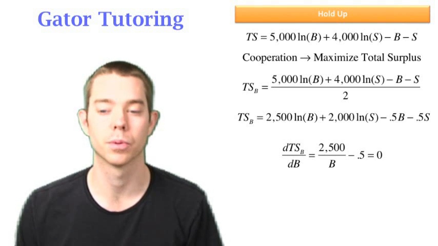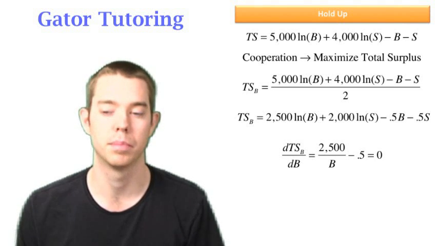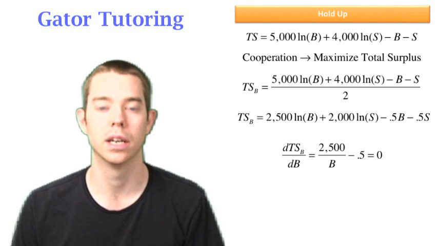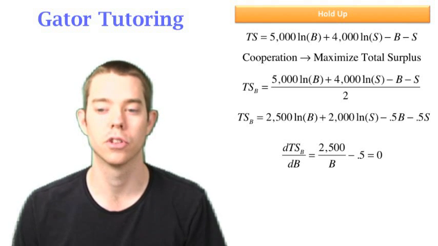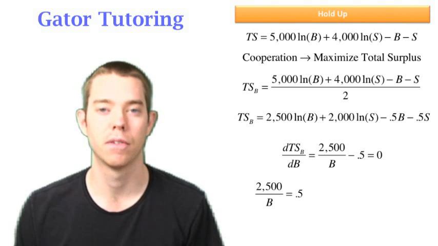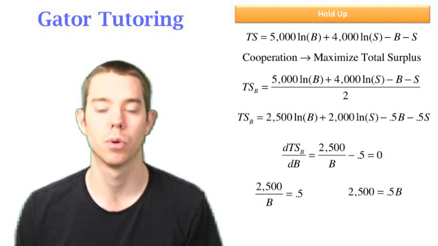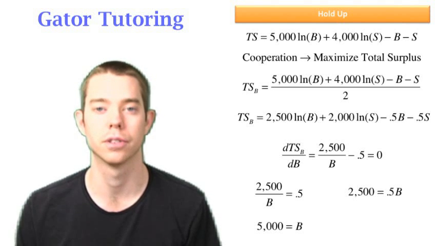We take the derivative with respect to B, or again, Ben's dollar investment. Remember, the derivative of ln x is 1 over x. So here the derivative of 2,500 times ln B is just 2,500 over B. Then we have a minus 0.5 equal to 0. So we can put the 0.5 on the other side and make it positive, cross multiply, and divide through by 0.5, and we get B is equal to 5,000.